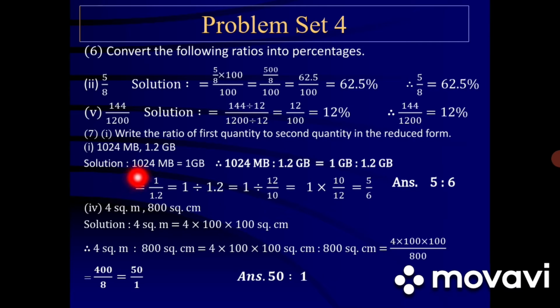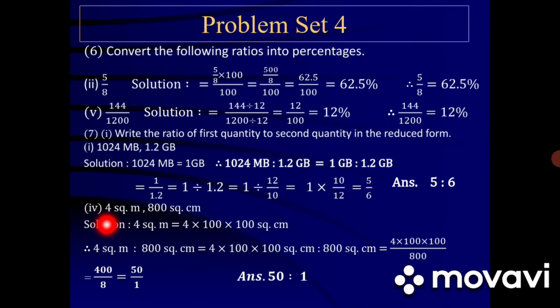That is equal to 1 upon 1.2, that is equal to 1 divided by 1.2, that is equal to 1 divided by 12 upon 10. This is equal to 1 multiplied by 10 upon 12, and that is equal to 5 upon 6. Therefore our answer is 5:6.